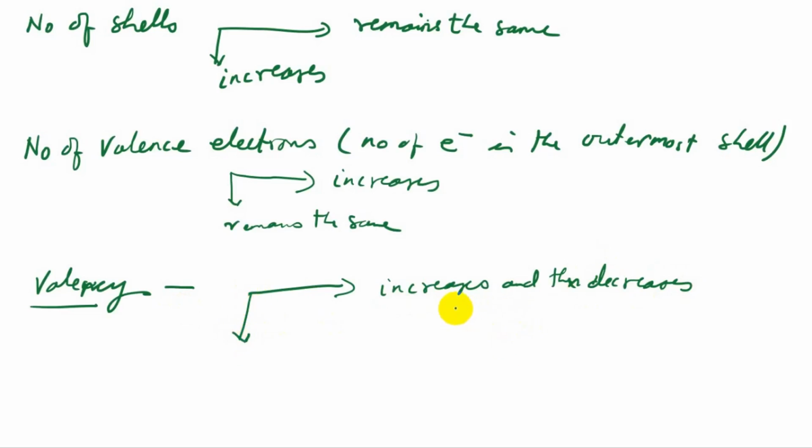In one word, I can write it is cyclic in nature, and top to bottom it remains the same. Since the number of valence electrons remains the same, the valency also remains the same. And therefore, the property of the elements down the group remains the same. We had already said elements in the same group have the same properties.